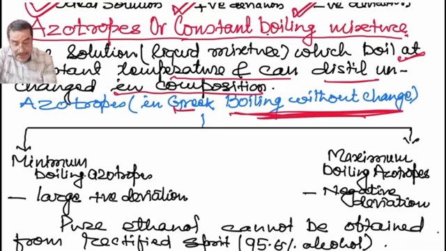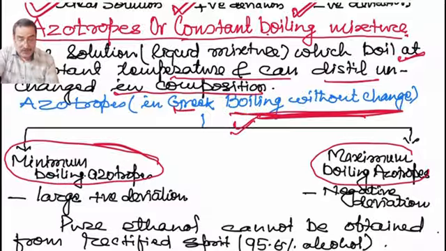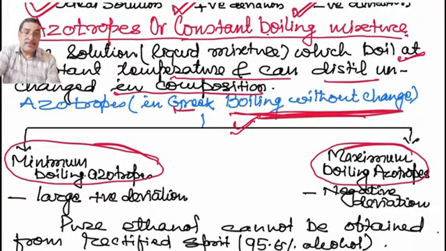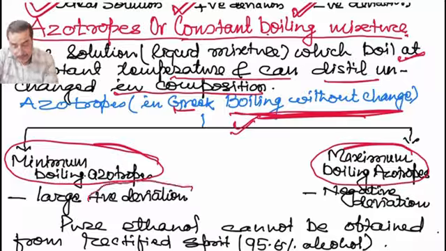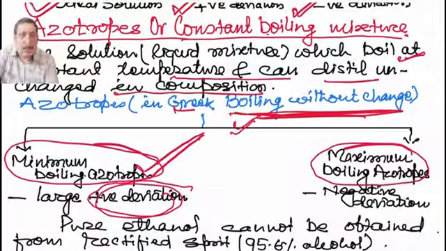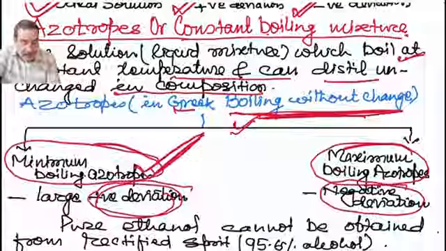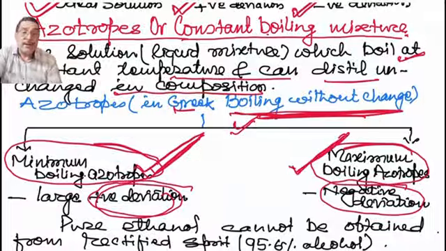This azeotropic mixture is again divided into two parts, minimum boiling azeotropes and maximum boiling azeotropes. As I already discussed, those solutions which show positive deviation come under minimum boiling azeotropes, and those which show negative deviation come under maximum boiling azeotropes.